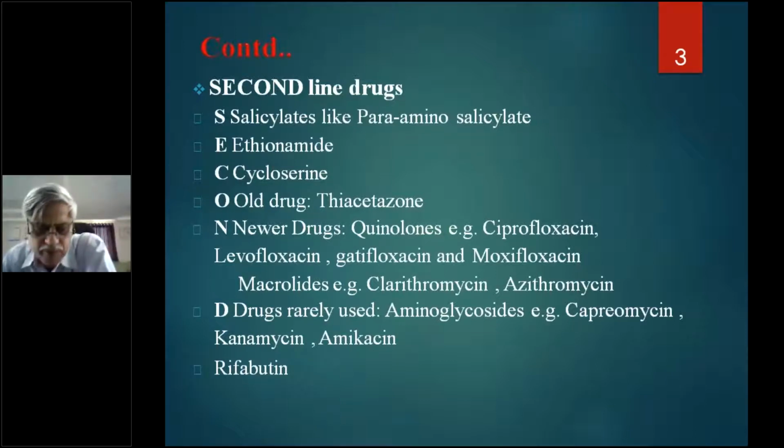Now the latest, which comes in tomorrow's class, is that you have to give rifampicin, isoniazid, and ethambutol in the continuation phase. But previously they were only giving this for both category 1 and category 2. Now, of course, we change that; it will come later.